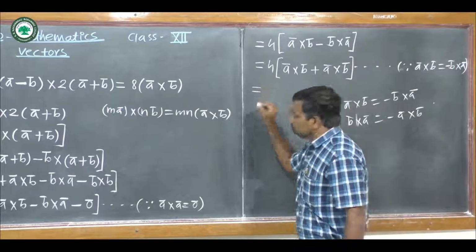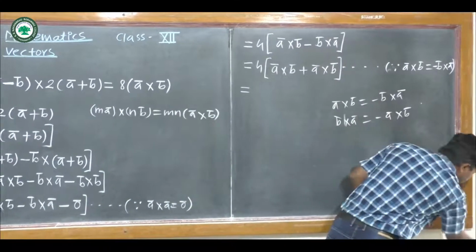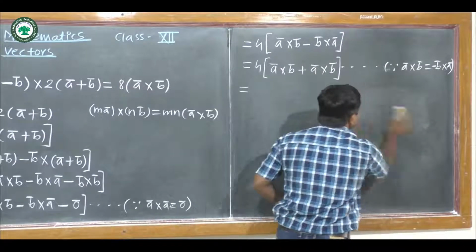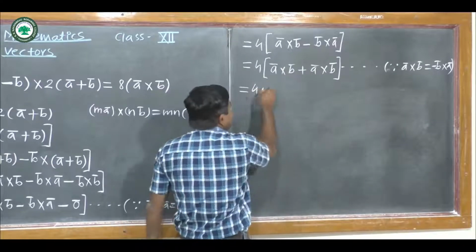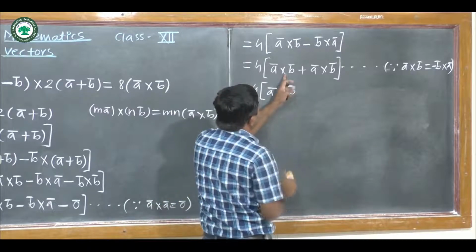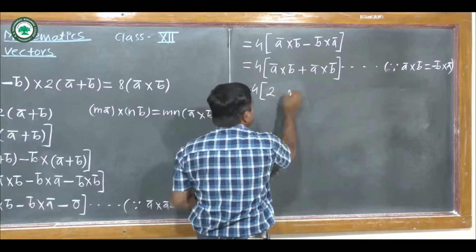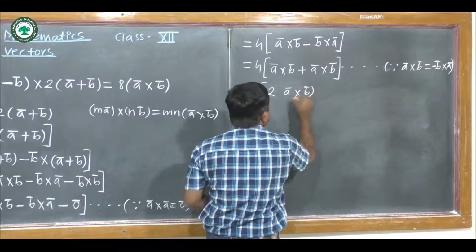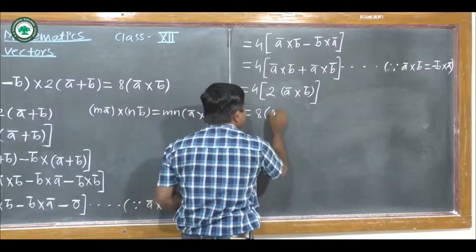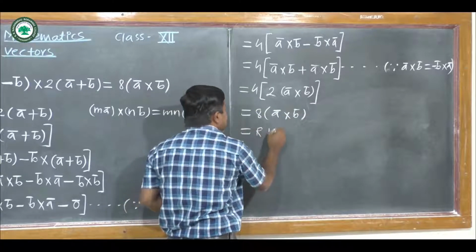Again it is equal to 4 in bracket a bar cross b bar. See, a bar cross b bar plus a bar cross b bar is 2 times a bar cross b bar. So now 4 into 2 becomes 8 times a bar cross b bar, and that is what we want to show, and this is nothing but the right hand side.